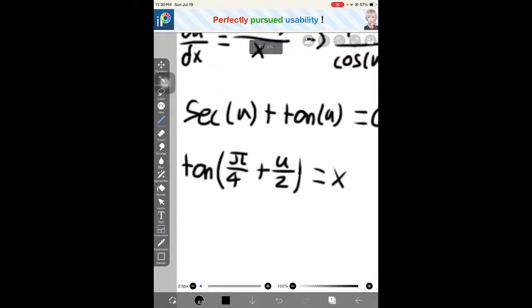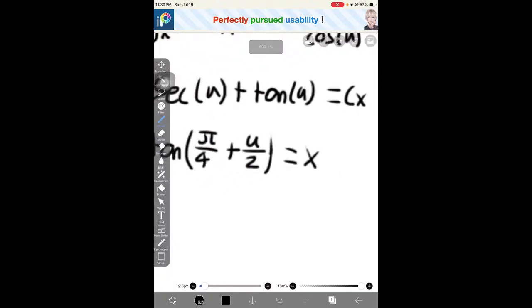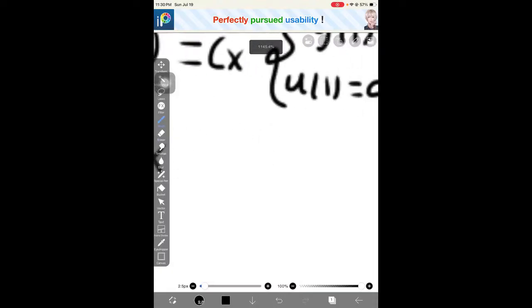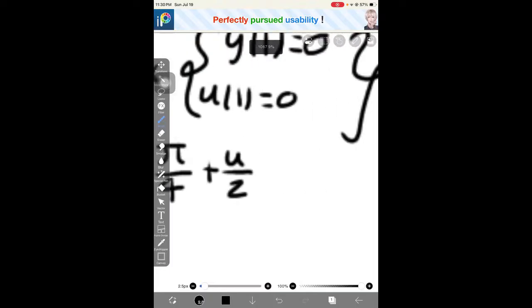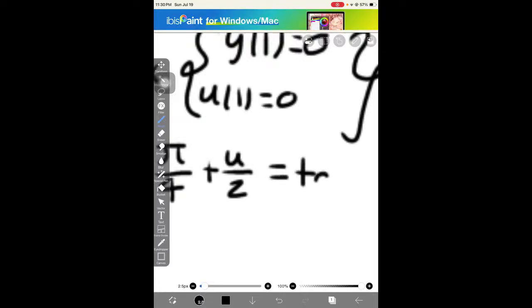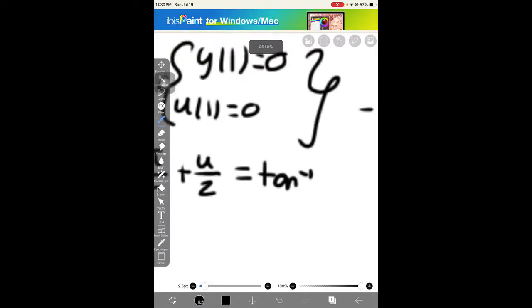Now in order to isolate u, I want to take the inverse arctan of both sides of the equation. So we have pi over 4 plus u over 2 equals arctan of x.